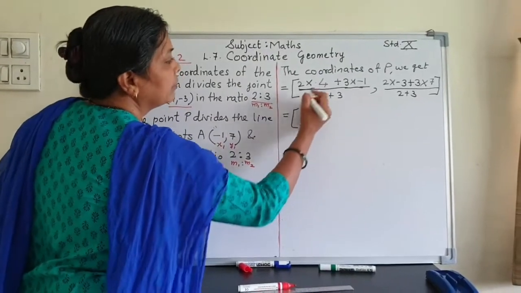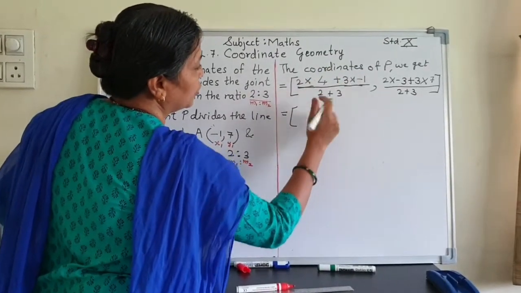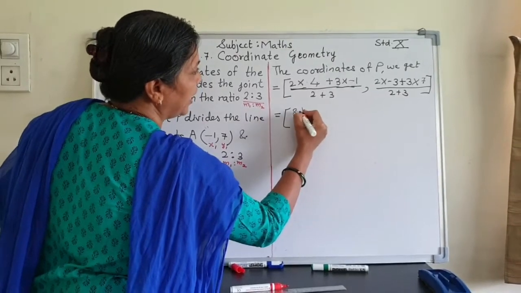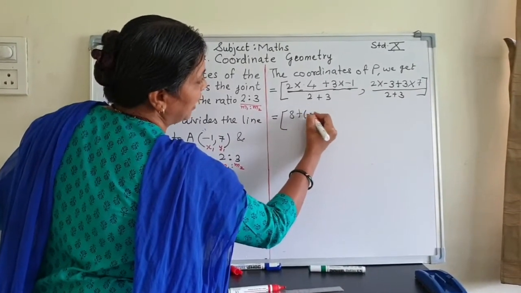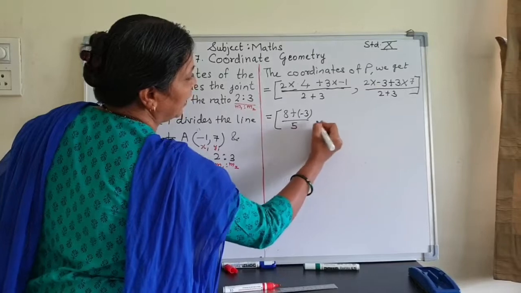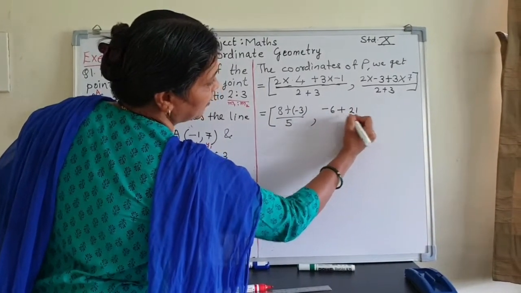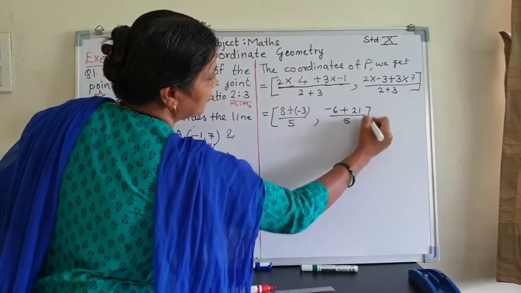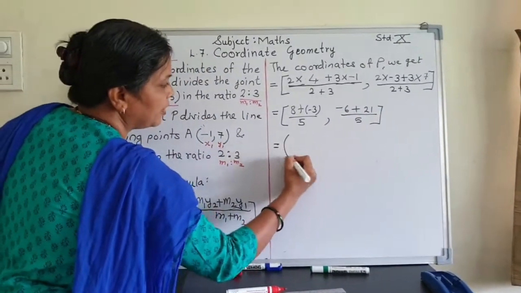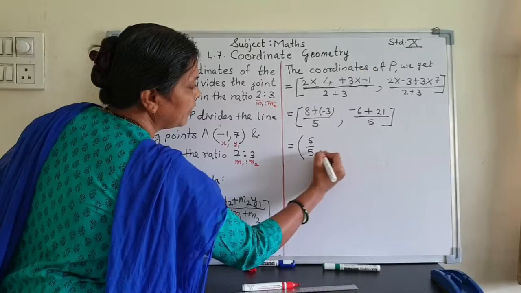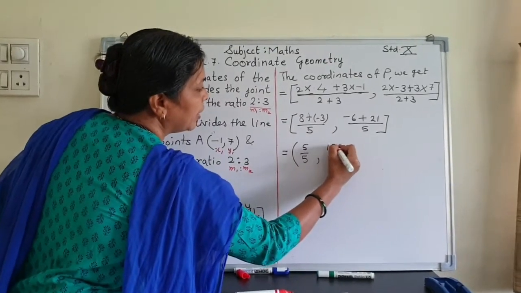So by doing the operation between these: 2 fours are 8 plus -3 upon 5. Here -6 plus 21 upon 5. By simplifying this we get 5 upon 5 and 15 upon 5.